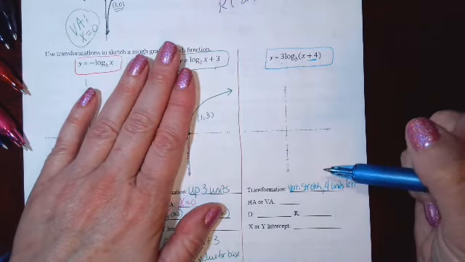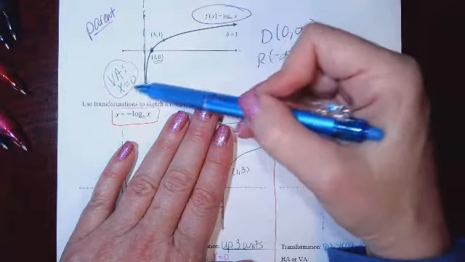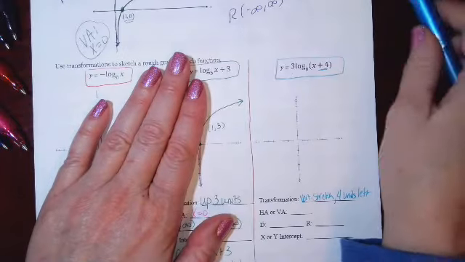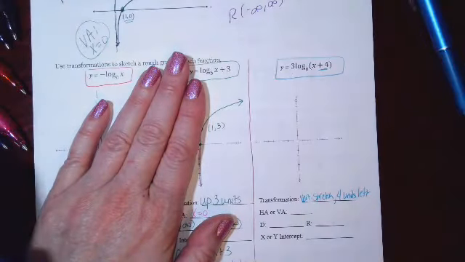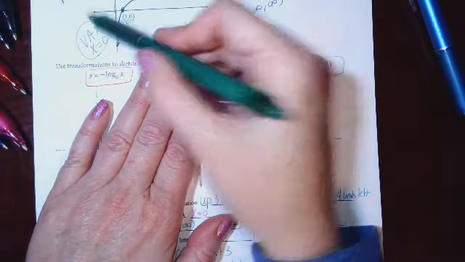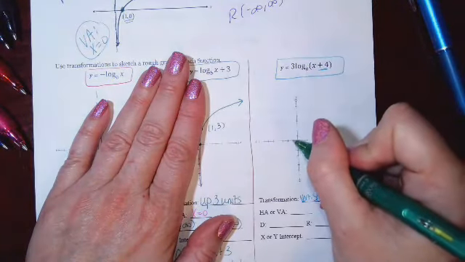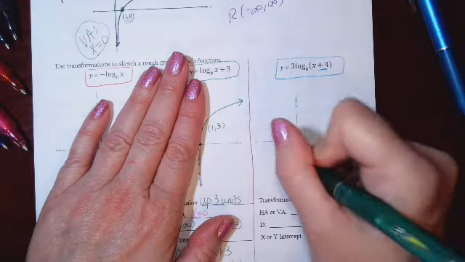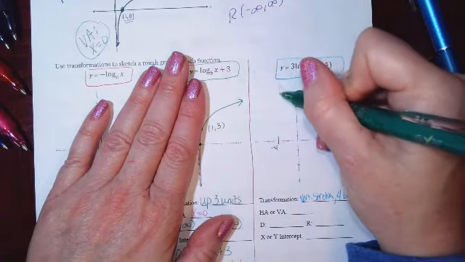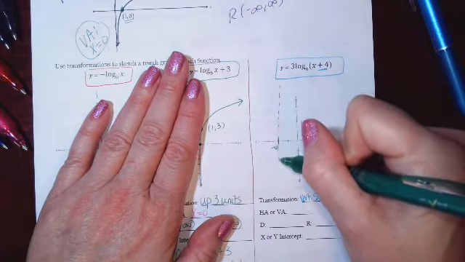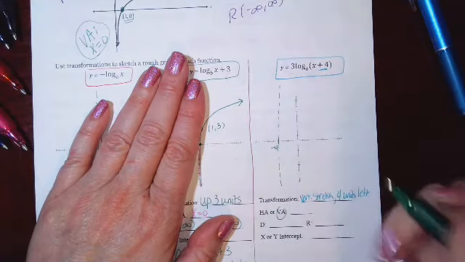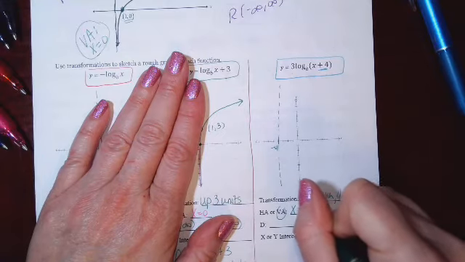Let's start with our vertical asymptote at x equals 0. If I shift that vertical asymptote 4 units back to the left, from 0 I go 1, 2, 3, 4. There's negative 4 for my vertical asymptote. Vertical asymptote is now at x equals negative 4.